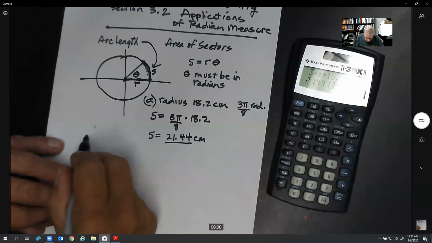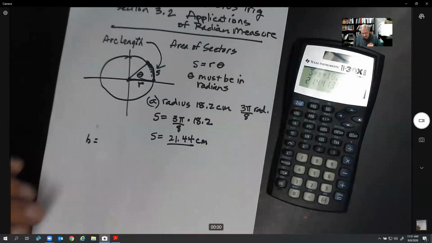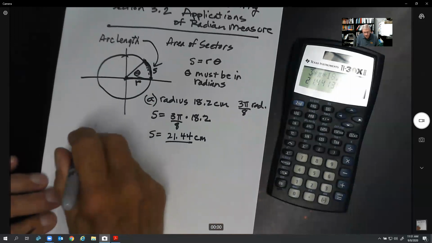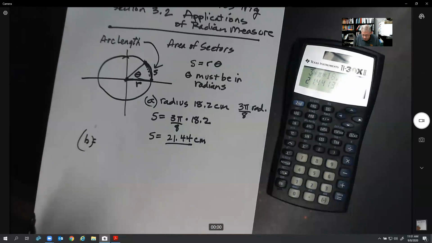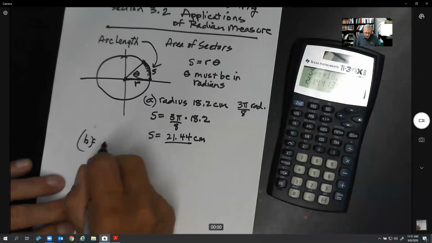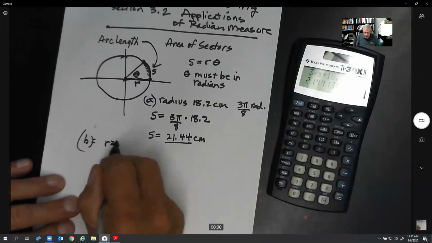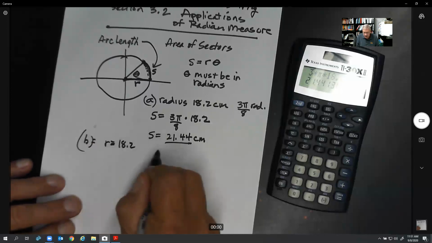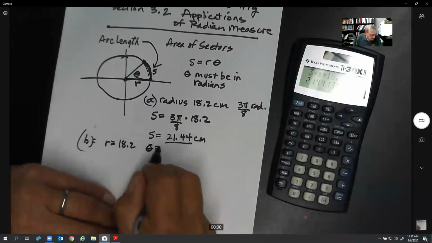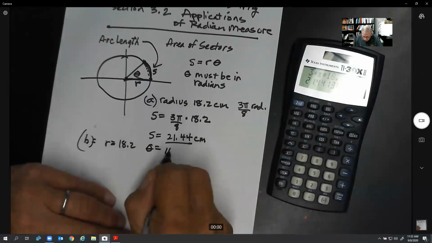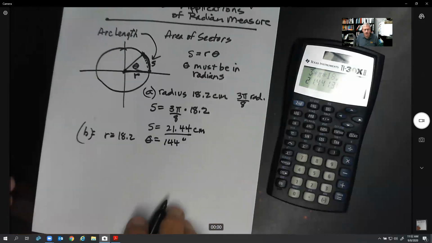In example B, we're going to do the same exact thing, only this one they try to make a little trickier on us. The radius is again 18.2, but our theta is going to be 144 degrees. So first we have to convert that over.